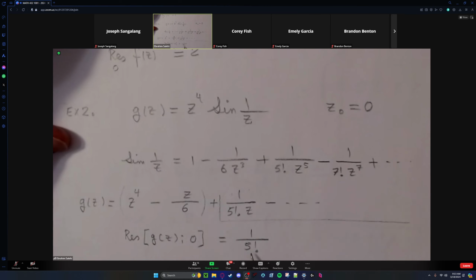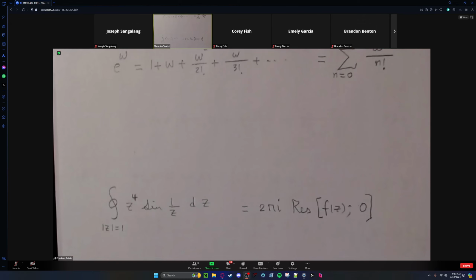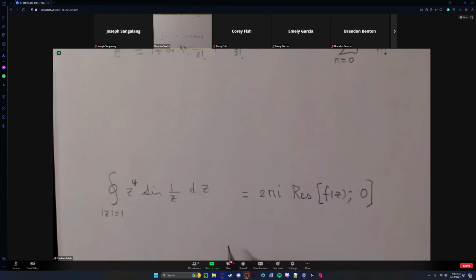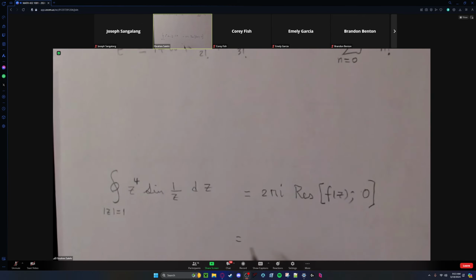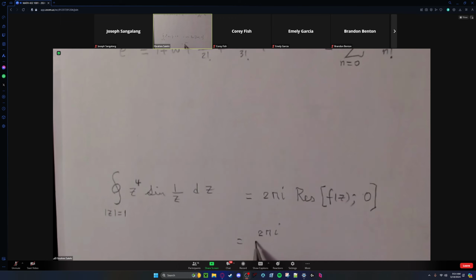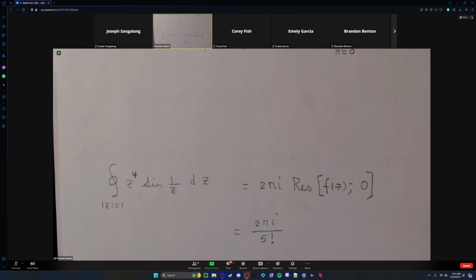As soon as you have this, the value of this integral is 2 pi i over 5 factorial. This is how important residue is.